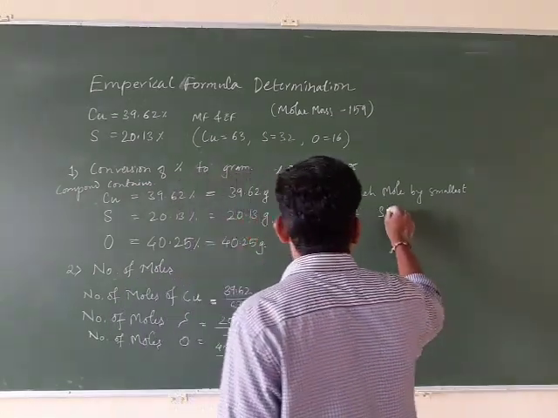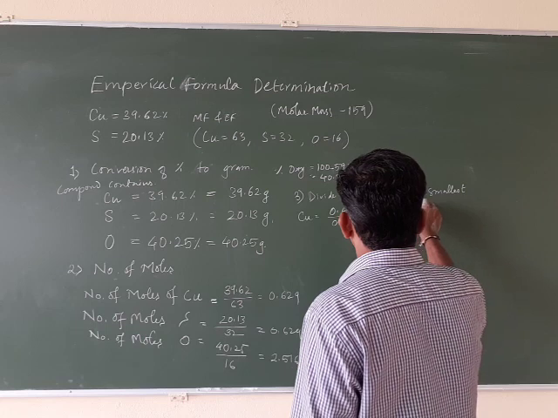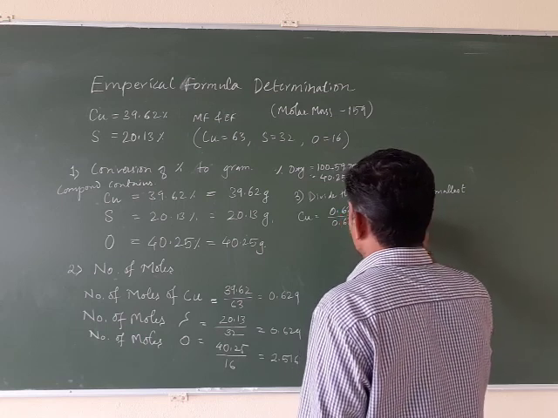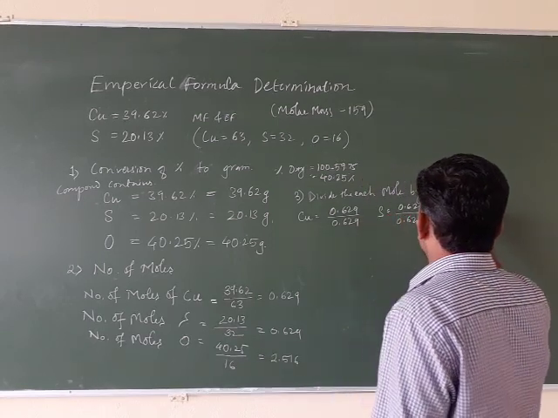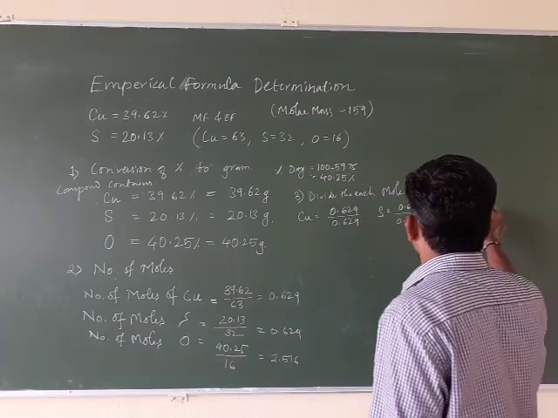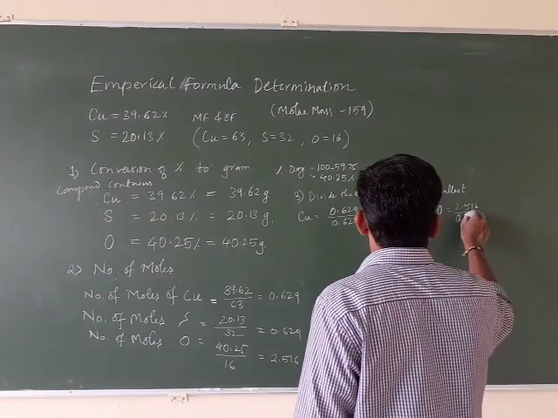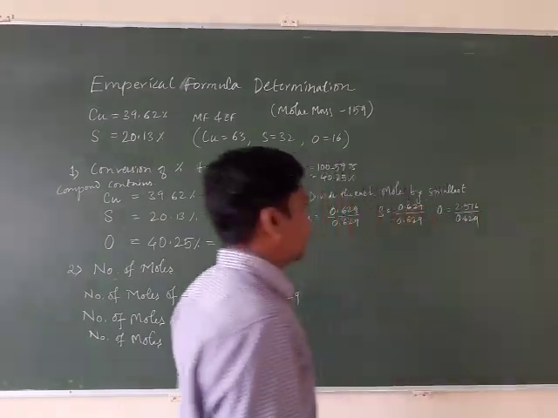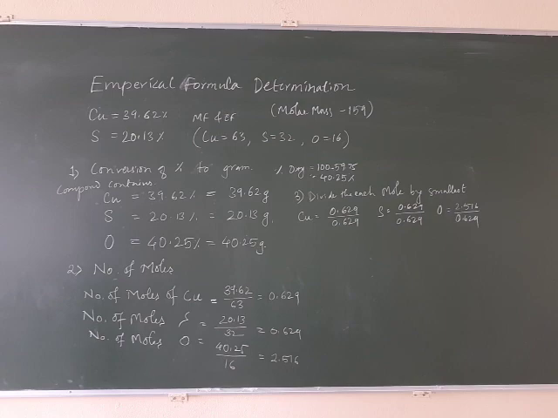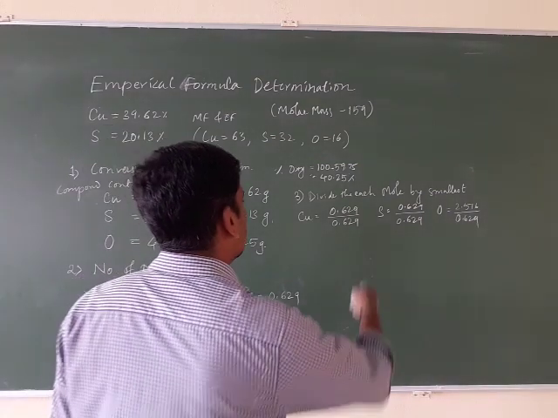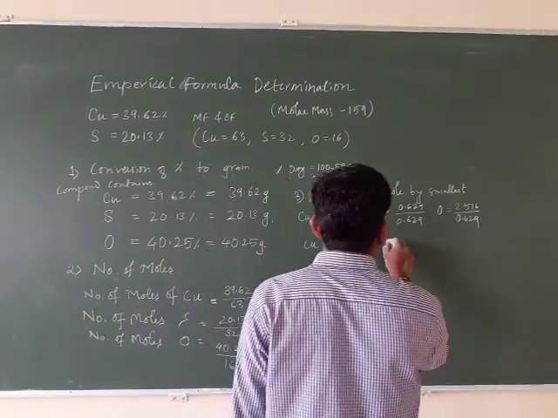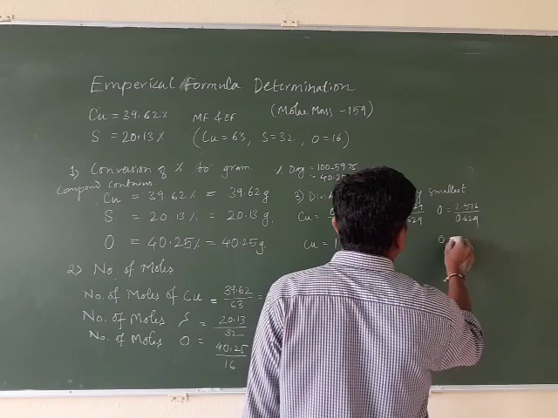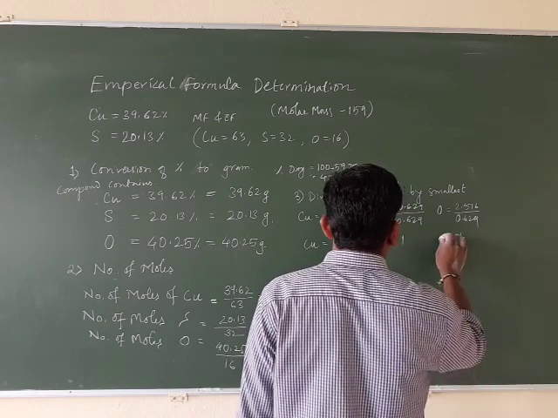For sulfur it is 0.629 divided by 0.629, and for oxygen it is 2.516 divided by 0.629. So each mole value is divided by the smallest value. For copper you will get 1, for sulfur you will get 1, and for oxygen you will get 4.